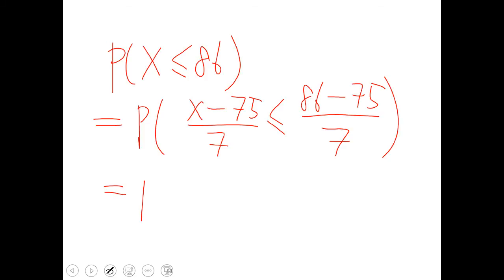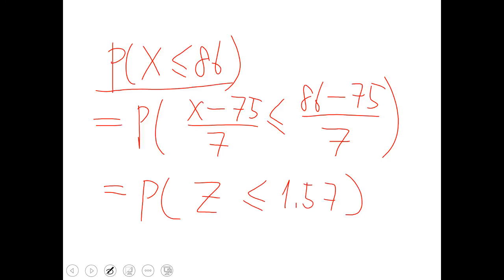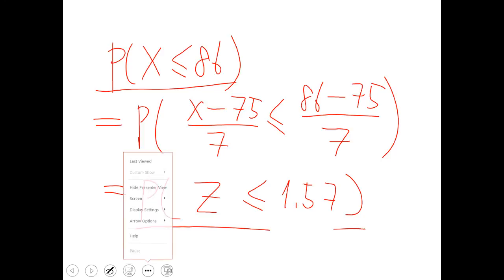That is the probability that Z is less than 1.57. These two probabilities are one and the same.